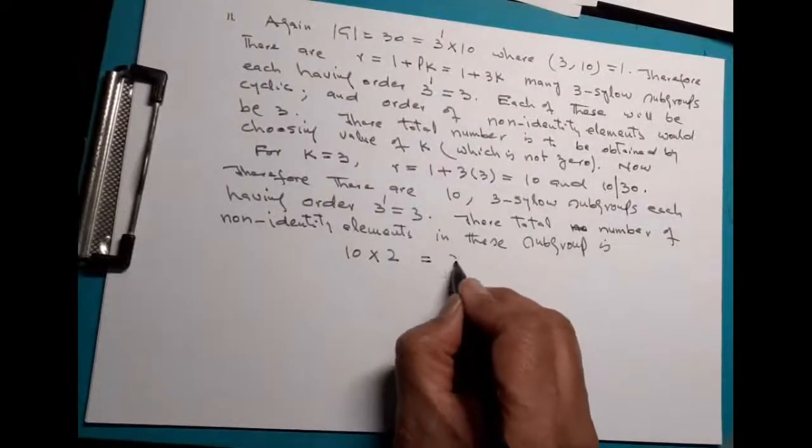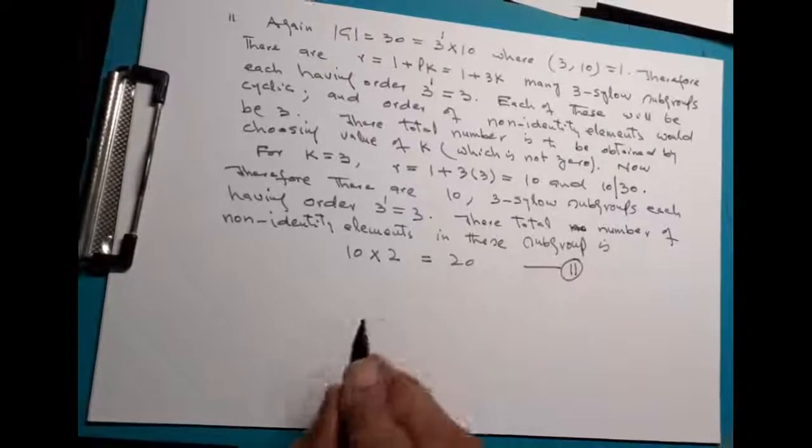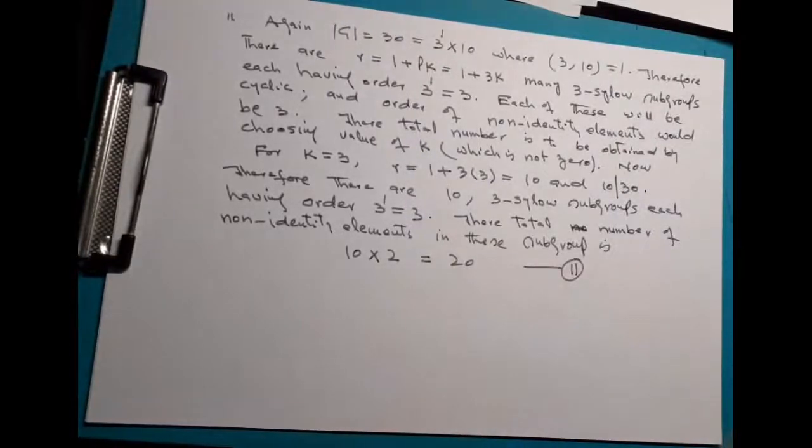So there are 20 non-identity elements, and each non-identity element will be of order 3.